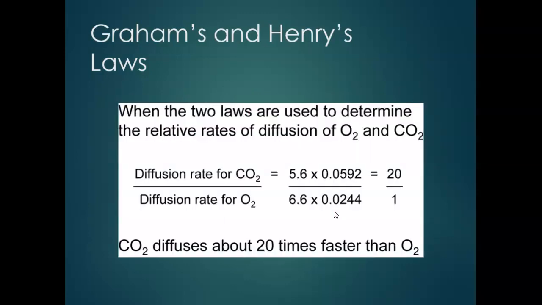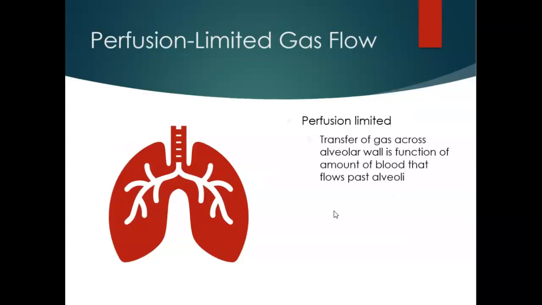Both of those factors combined are the reason why CO2 is going to diffuse about 20 times faster than oxygen. Okay, so that's the important concept with that. CO2 is going to diffuse much quicker than oxygen is.